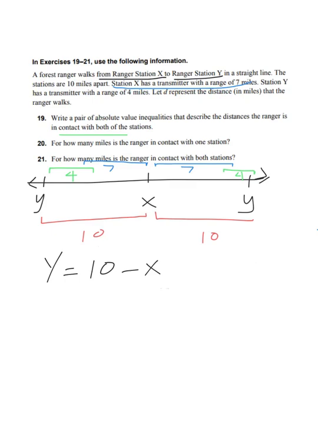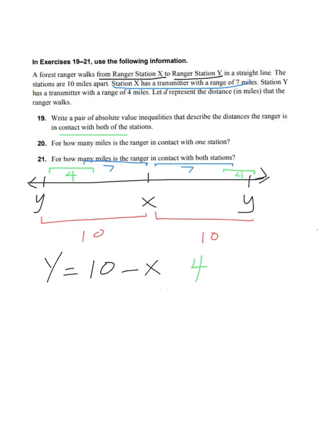Now, we're looking at, again, I need to be within the range of where I can talk to either station. So I wrote an equation here, we came up with the equation together, that y is equal to 10 minus x. Okay, so we're writing it in terms of x. And the station transmission for y is only 4 miles. So that's as far as it can go.